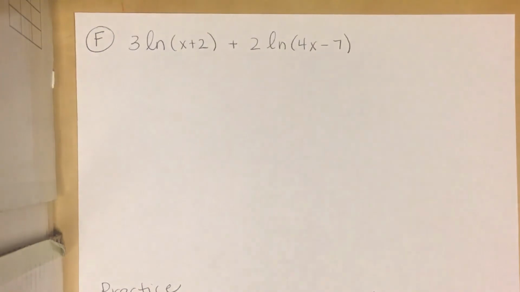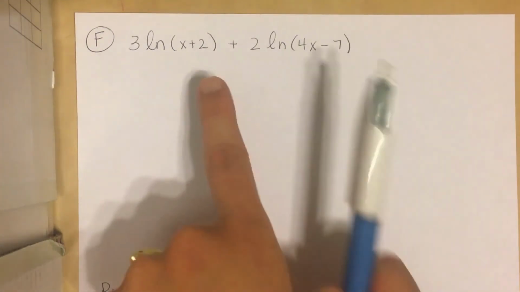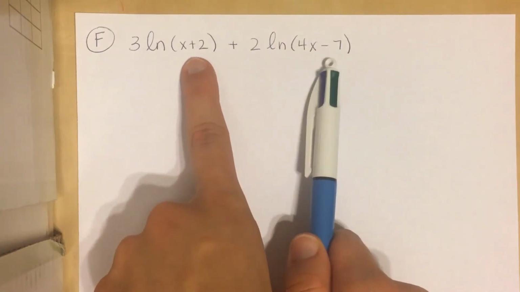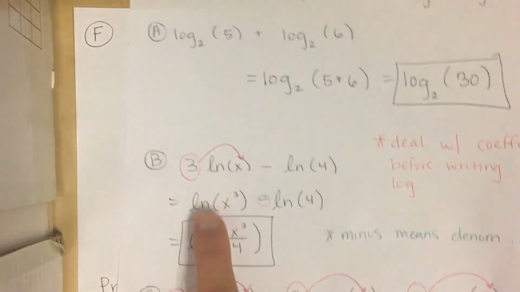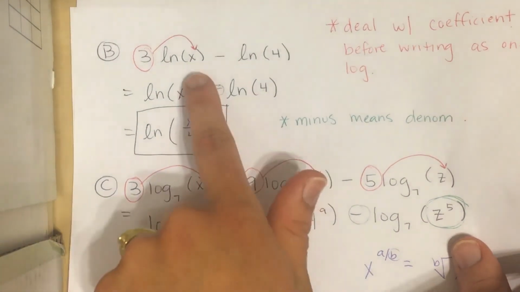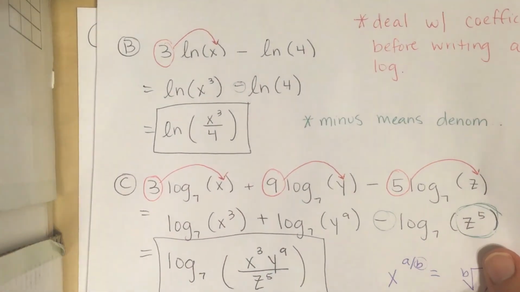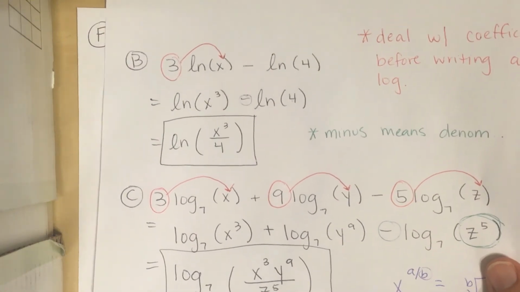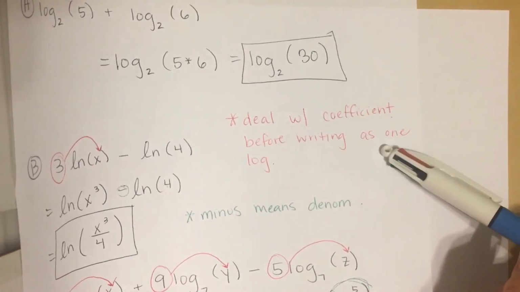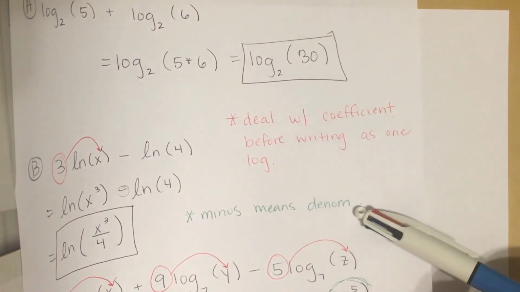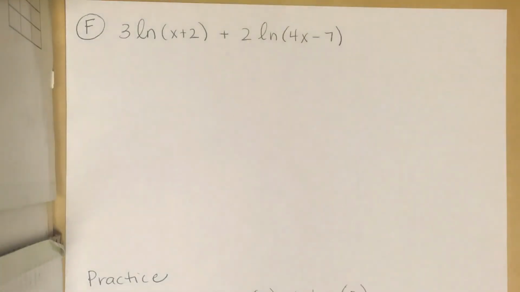Let's do one last example. If you plan to take calculus, you're more likely to see something like this, where you have binomials in your parentheses instead of just single numbers or monomials that just have a mixture of x's and numbers with no plus or minus. The rules don't change. We're still going to deal with your coefficients first, and minus still means move to the denominator.